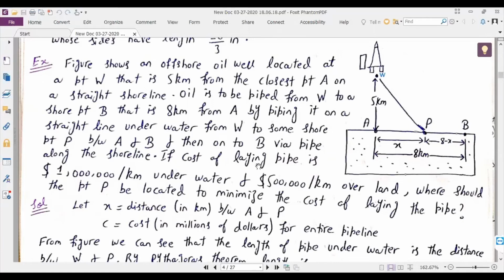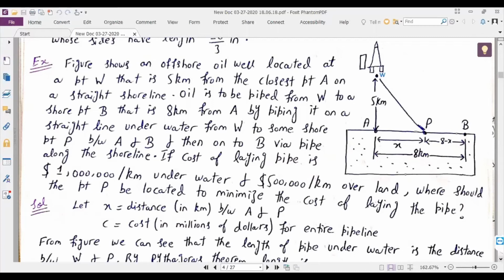If the cost of laying pipe is 10 lakh dollars per kilometer underwater and 5 lakh dollars per kilometer over land, where should the point P be located to minimize the cost of laying the pipe?